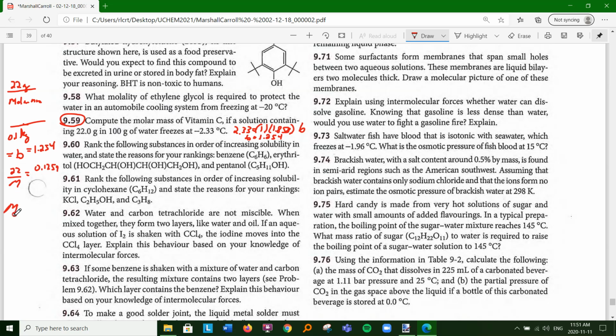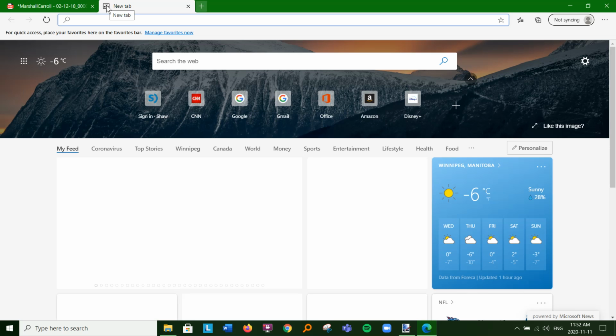So then the molar mass is 22 divided by that. 22 divided by 0.1254, and I get 175.4. So I don't have the answer key, but I'm just going to Google that, get the molar mass of vitamin C, and see how close we are.